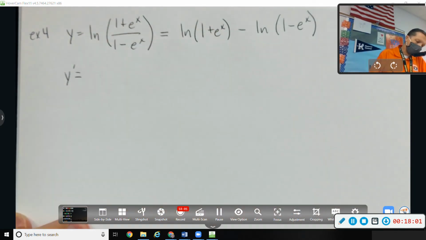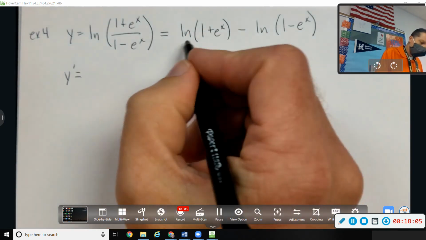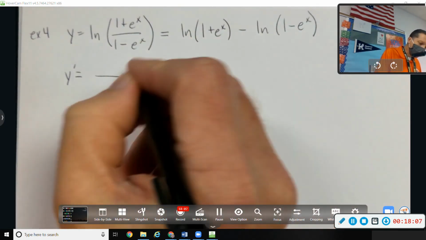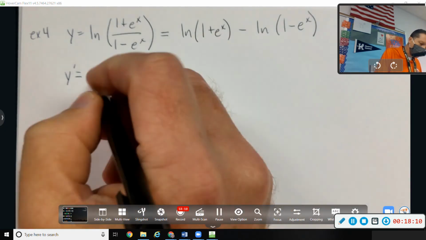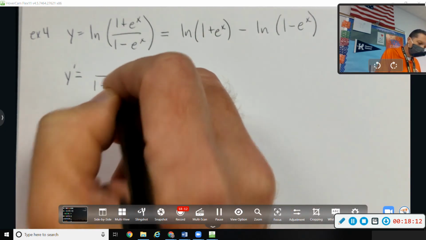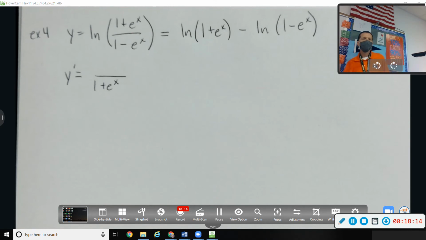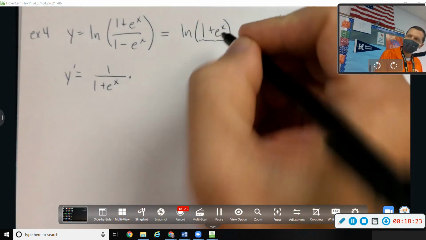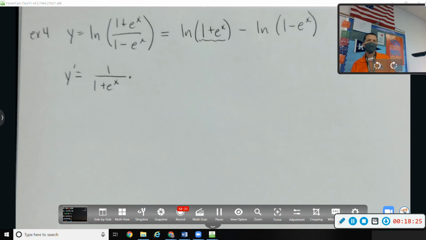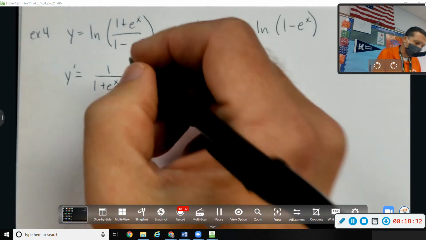So y prime, or dy dx, derivative of natural log is 1 over the argument times the derivative of the argument. So what's the derivative of 1 plus e to the x? E to the x times 1, if you want to put that on there.